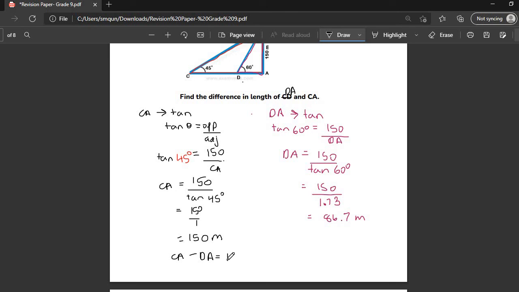So it's going to be 150 minus 86.7. And that is going to give us 63.3. I'm going to add the correct units to my final answer, and that would be meters again.